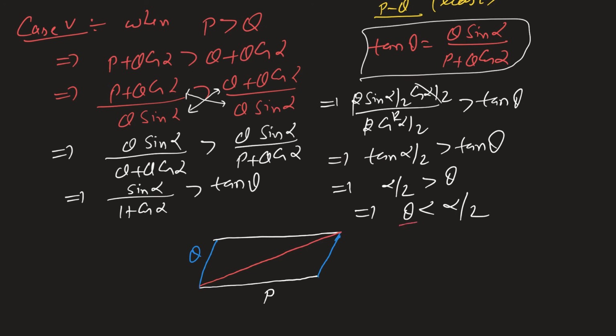You see, this result says that this angle is alpha, half of the angle will be this one, so here is alpha by 2 and here is also alpha by 2. But because P is greater than Q, in this case you can obviously see this angle theta is less than alpha by 2.